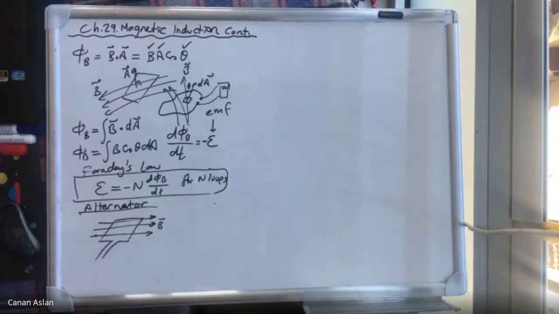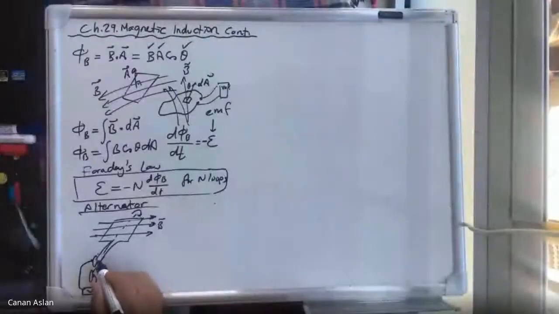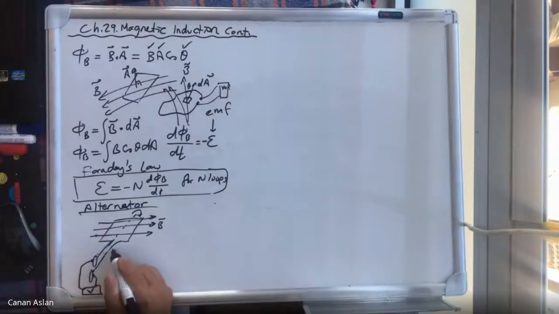If we rotate the whole system in the clockwise direction, and by using these metal rings and also the brushes, we can measure the voltage induced between these two wires, because this whole thing just produces one loop.